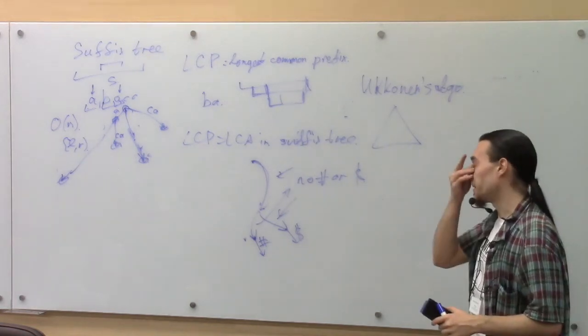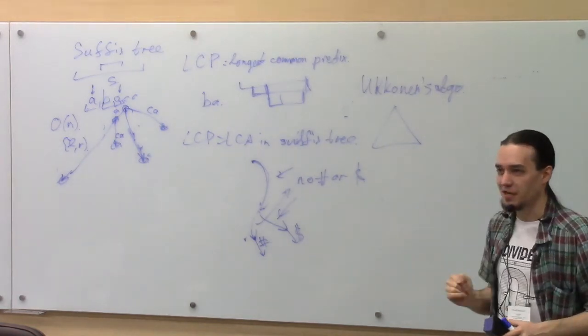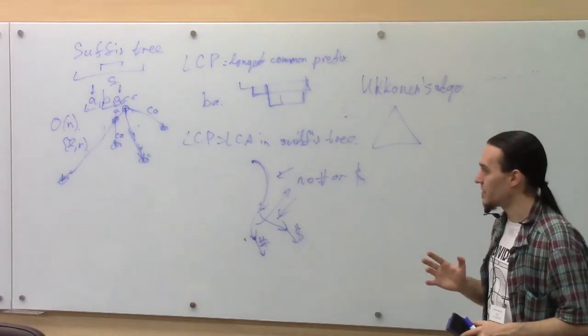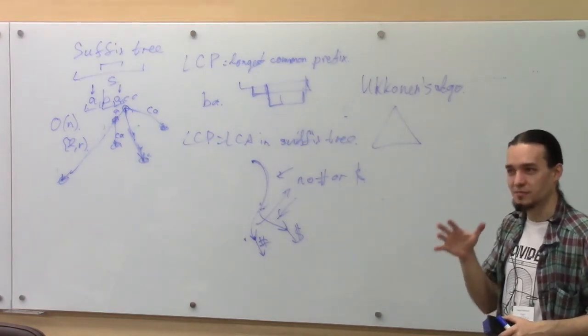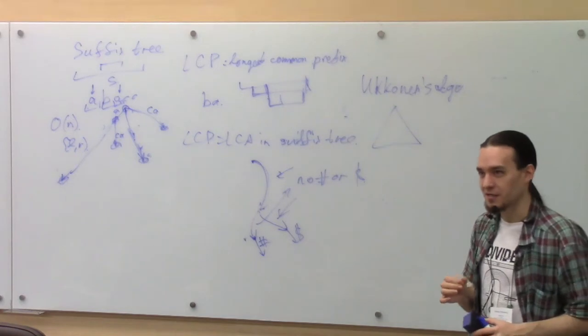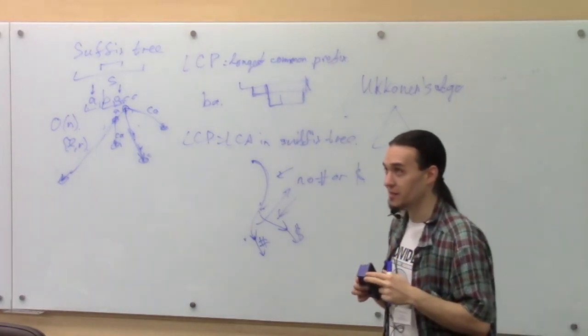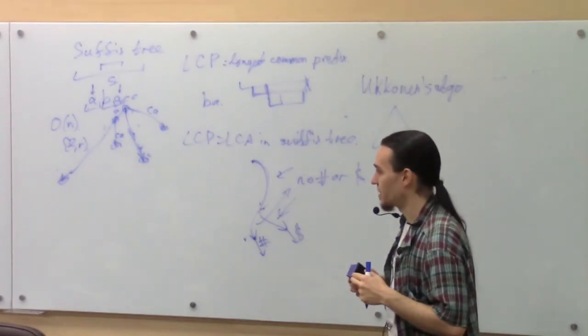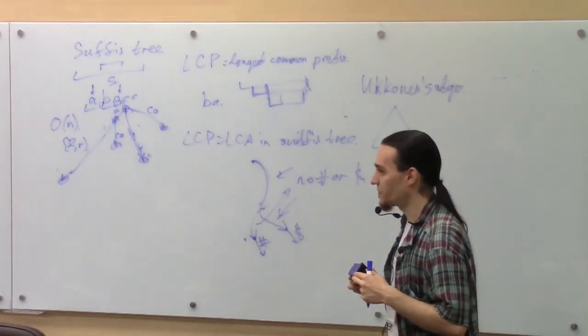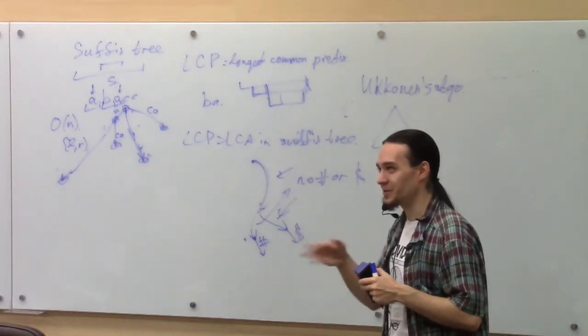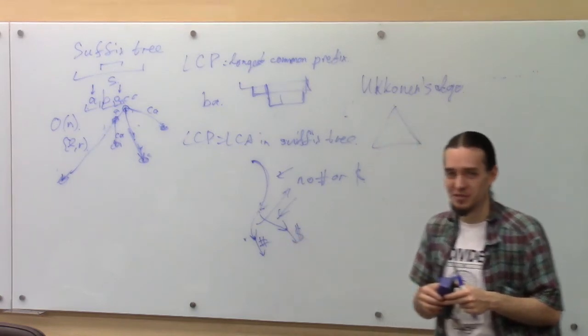If you're thinking about a problem on strings, the first thing you want to think is, okay, what does it mean in terms of the suffix tree? So it should always be in your head when you're solving the problem. But more often than not, you will not actually implement the suffix tree.